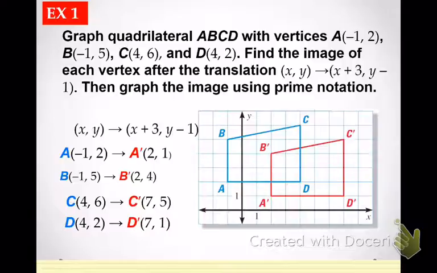The prime notation part of it is, your original points are labeled A, B, C, D. After you translate this, moving every point positive 3 in the x direction, down 1 in the y direction, these new points are going to be A prime, B prime, C prime, D prime. They're going to be primed. Any questions?